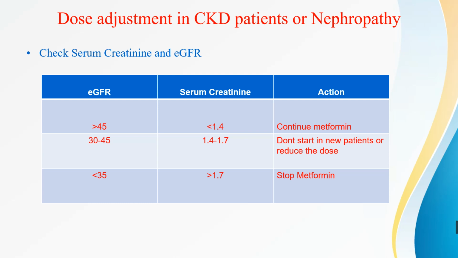If eGFR is between 30 and 45 and serum creatinine 1.4 to 1.7, don't start it in new patients, or we have to reduce the dose if it is already being taken by the patient. If eGFR is less than 35 and serum creatinine is more than 1.7, we should not give metformin, and if it is already given and the patient has serum creatinine more than 1.7 or eGFR less than 35, we should stop metformin.